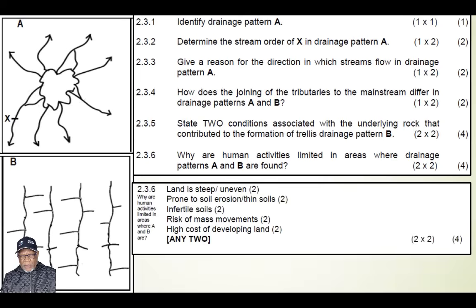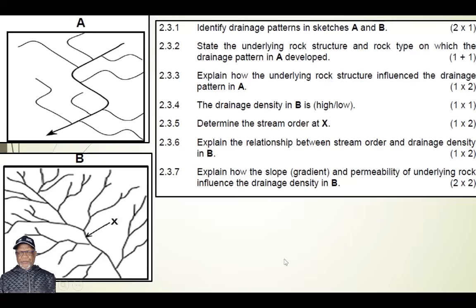So that is why they are not easily habitable. Land is steeper, it's prone to soil erosion, the soil is infertile, there's a risk of mass movement, and a high cost of developing. It's not easy to develop there. So there are a number of reasons that we can give why this is not easily habitable.